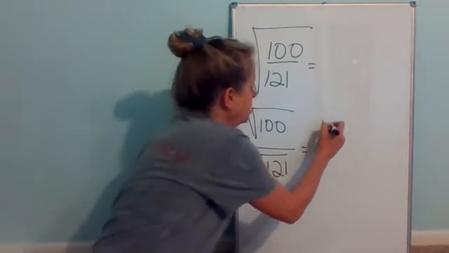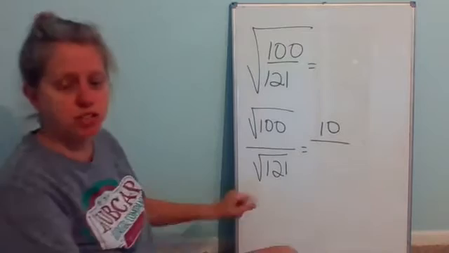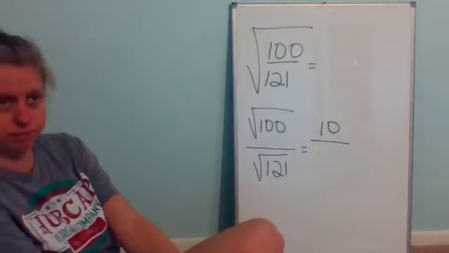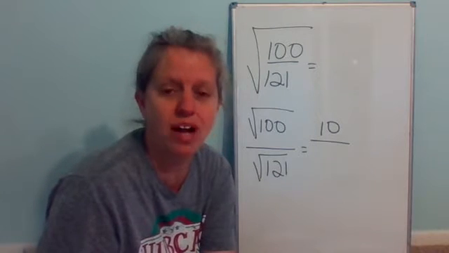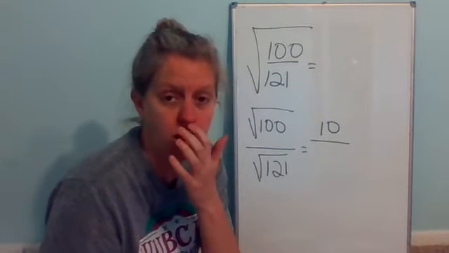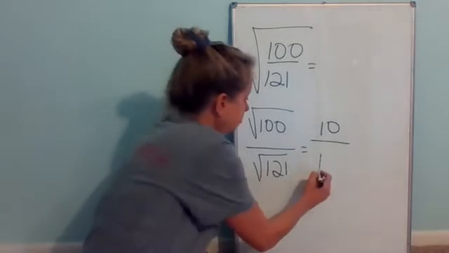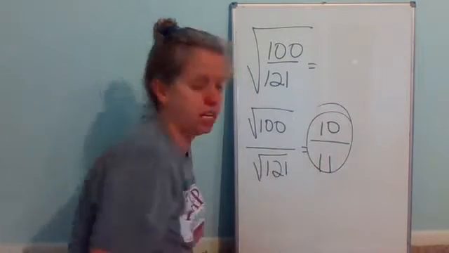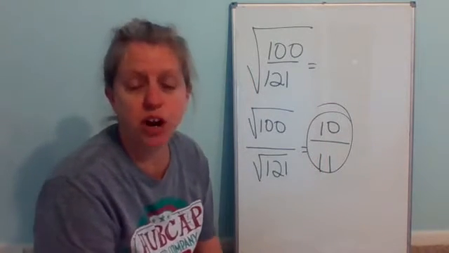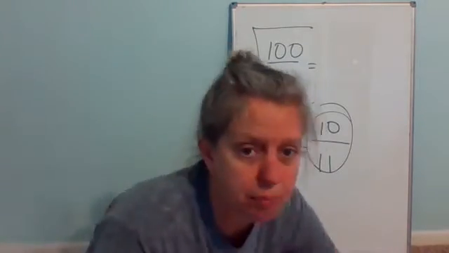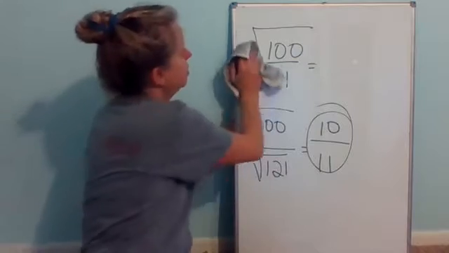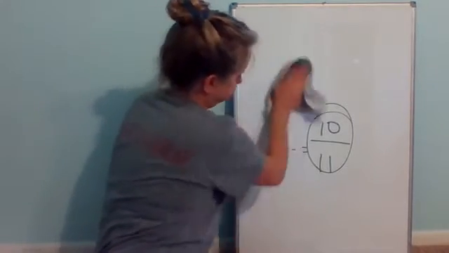So the square root of 100 is just 10. And then do the same thing in the bottom. What is the square root of 121? What times itself is 121? 11. So 10 over 11. So again, on these first 4 problems, just break them apart into two separate problems and work them from there.